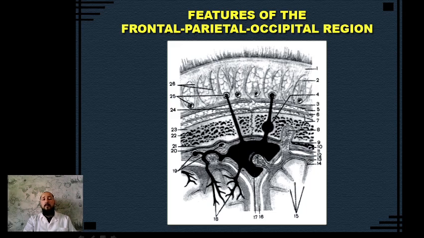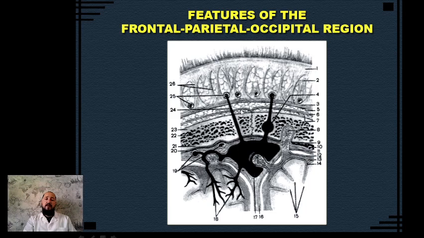below the aponeurosis we have a subaponeurotic tissue. After that we have a periosteum, and below the periosteum we have a subperiosteal fat. This fat is present only in the frontoparietal occipital region.